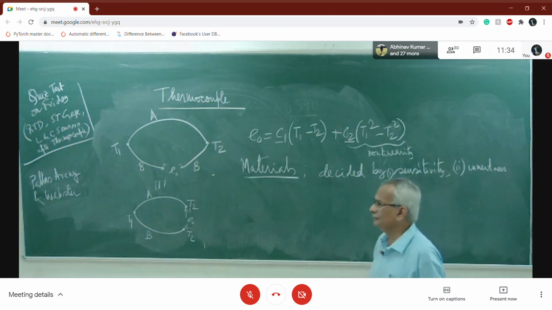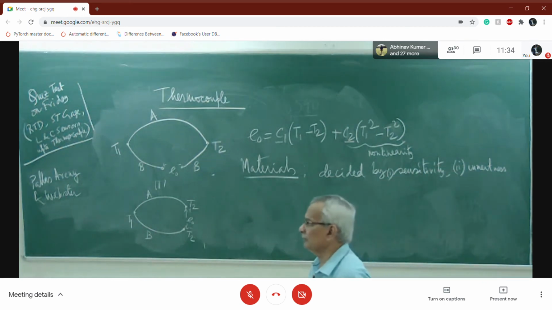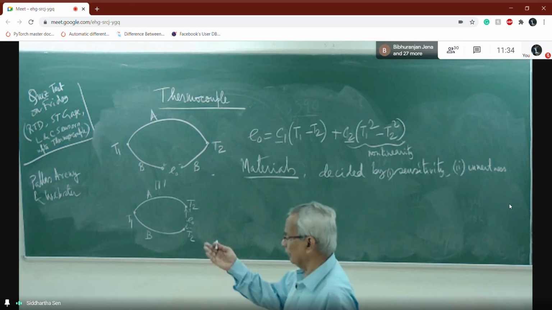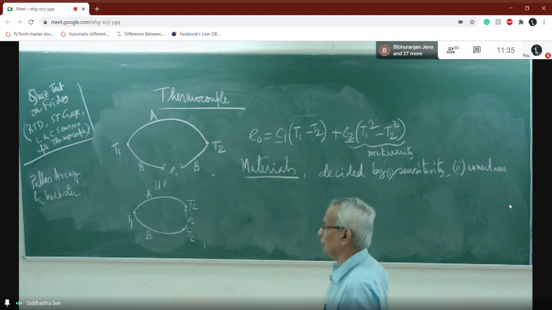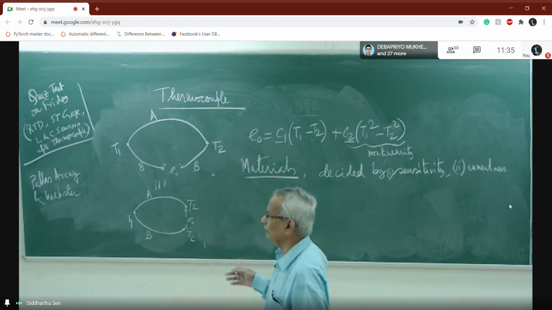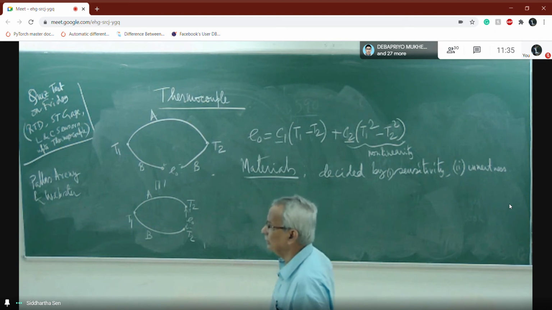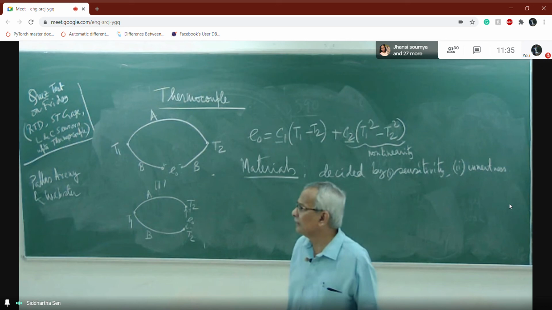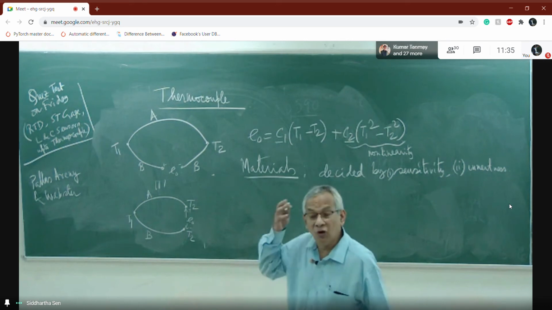The material must be inert. For example, if we use copper or aluminum and keep them for some time, they will quickly react with the atmosphere and form copper oxide or aluminum oxide, so they are not inert. On the other hand, if I use noble metals, they are inert and we can use them for a long time.